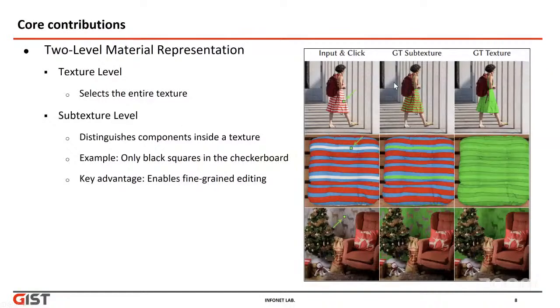But at the subtexture level, it will distinguish the components inside the textures, like only these white stripes, or the white background here, except the deer. So the key advantage is that it enables fine-grained editing.